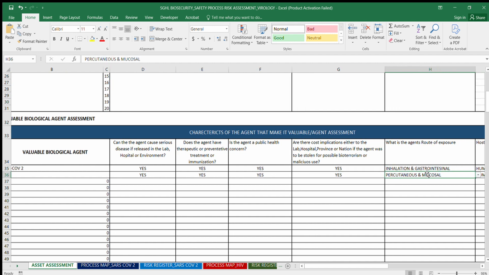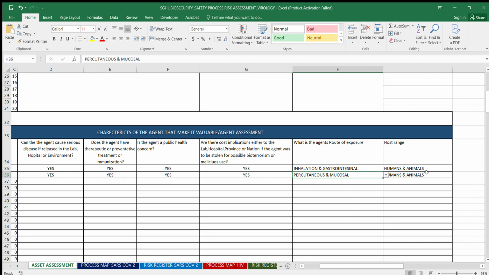So the next part is, what is the agent's route of exposure? I think we already described what the various routes of exposure will tell you about either the likelihood and the consequence, maybe sometimes, of your security risks.